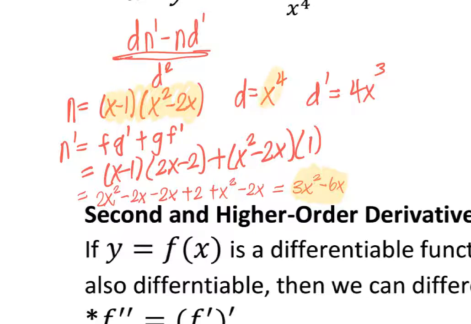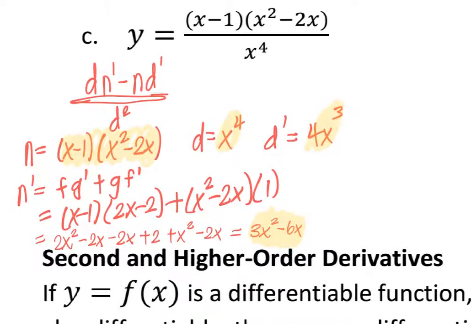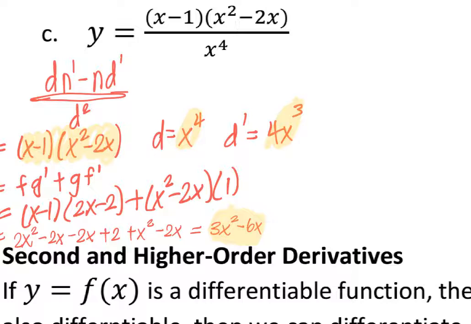Okay, so this is the derivative of the numerator, n prime, and I'm plugging this in. I'm going to plug in the denominator and the derivative of the denominator into the formula up here.